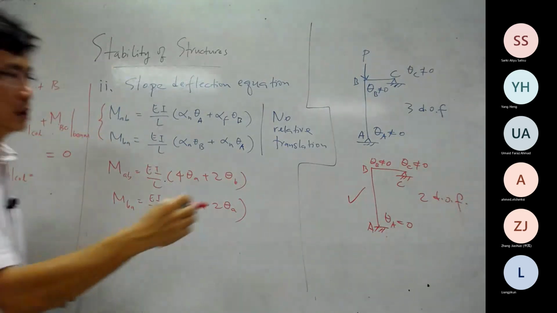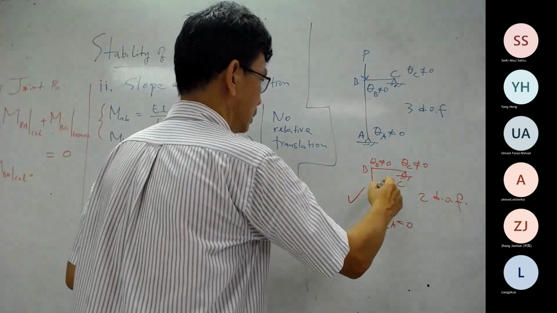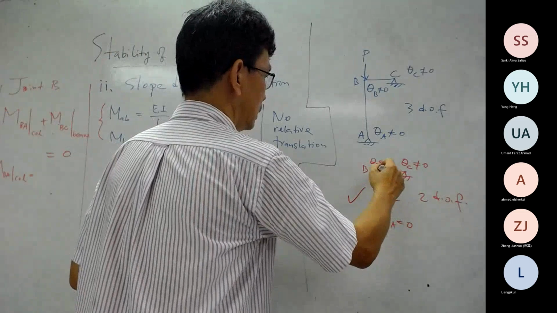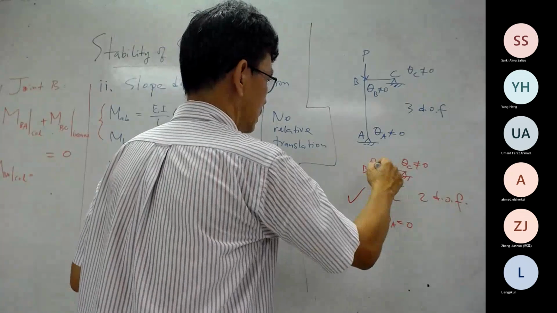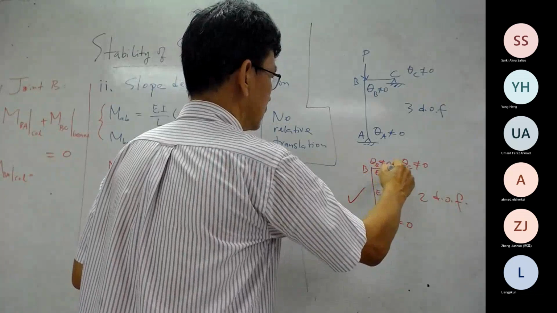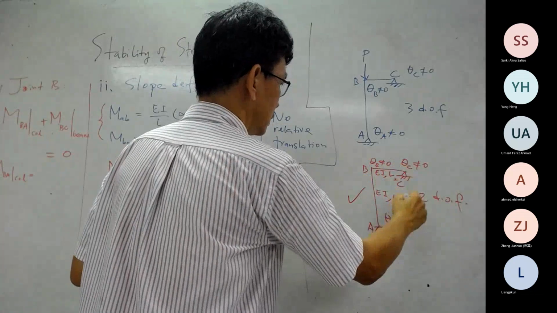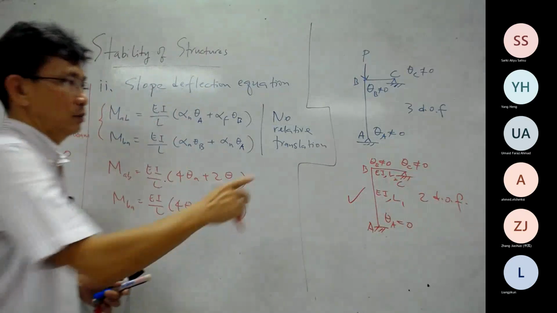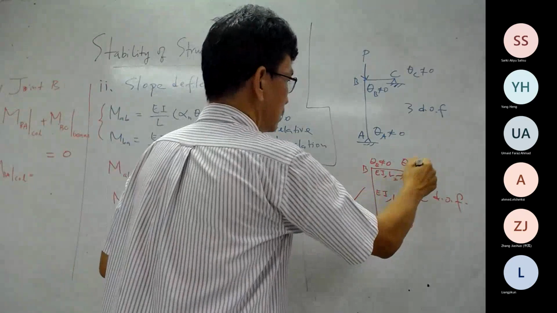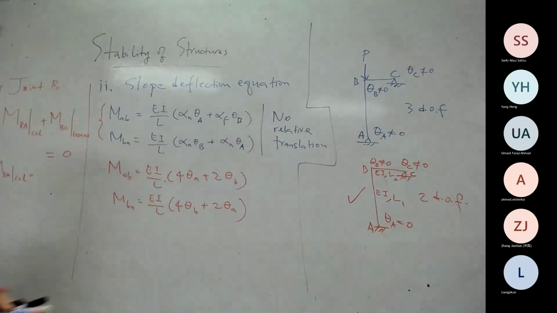It depends on what the EI is here. Please pay attention to the EI here. The EI might not always be the same. This is L2, maybe this is L1. So we have to really pay attention to the column length, the EI of the beam, and the EI of the column: are they the same or not the same?